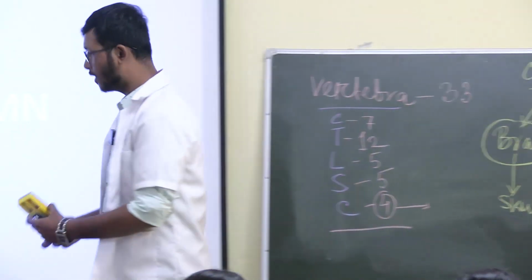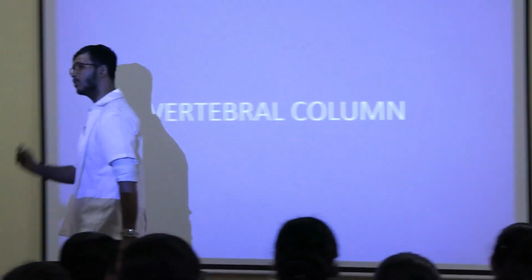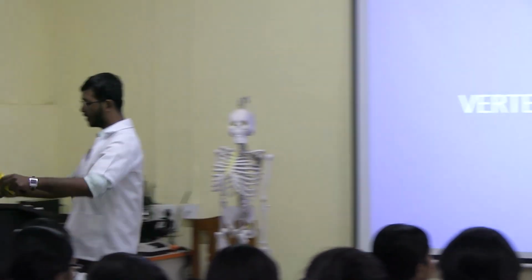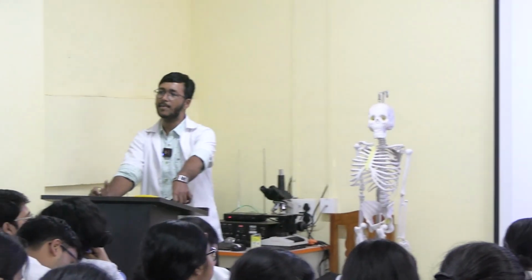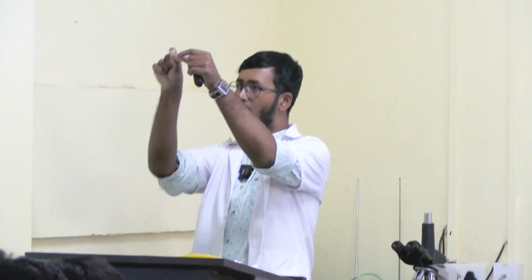Now from the spinal cord, spinal nerves arise. Usually from the spinal cord passing through one vertebra, one spinal nerve arises on either side. So ideally, if there are 33 vertebrae, how many spinal nerves should there be?